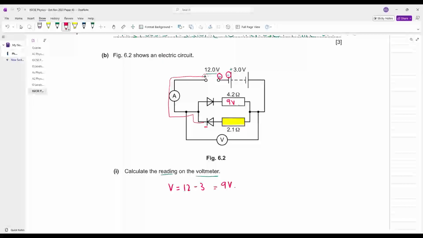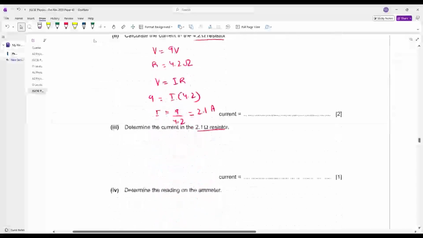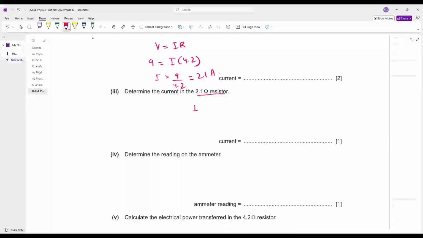The negative terminal of the diode. This diode connected with the 2.1 ohm resistor is in reverse biased condition. Whenever you are in a reverse bias condition, the current in your branch becomes 0 ampere. So you can write it here. The current here turns out to be 0 ampere.